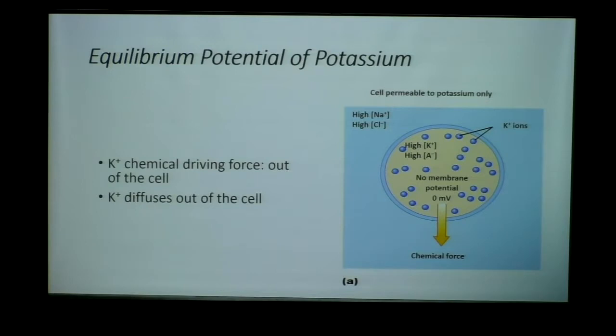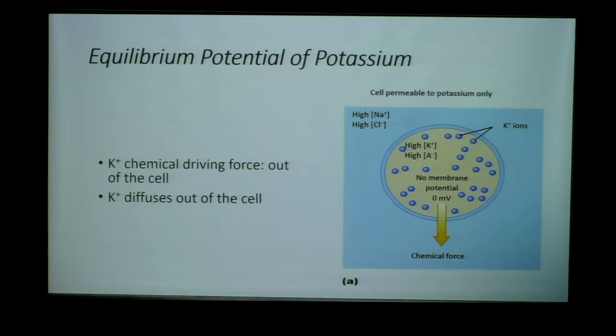Then we'll look at the equilibrium potential of sodium, okay, in a hypothetical cell that is only permeable to sodium. And then we will combine those two influences and see what they do in terms of establishing the resting membrane potential. Remember, we said that both of those equilibrium potentials contribute to the resting membrane potential.